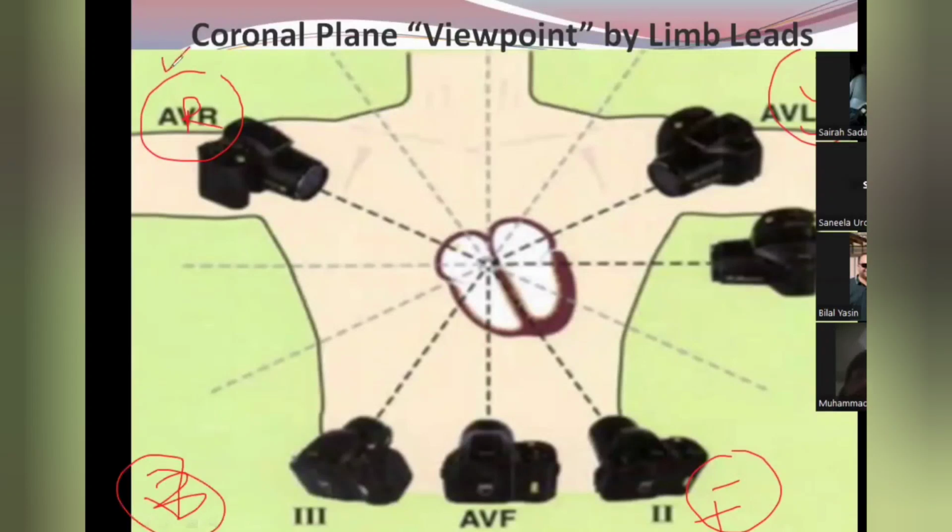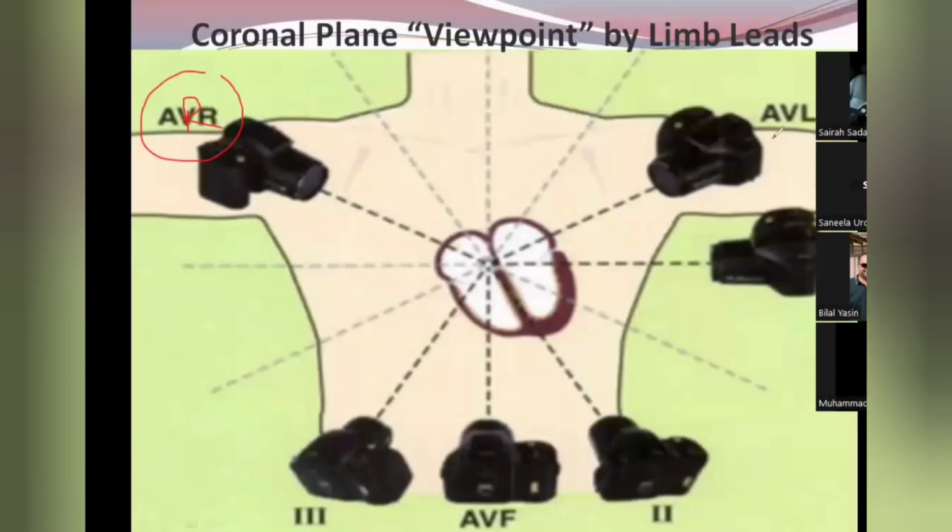Now we have three electrodes: right, left, and the foot or inferior electrode.